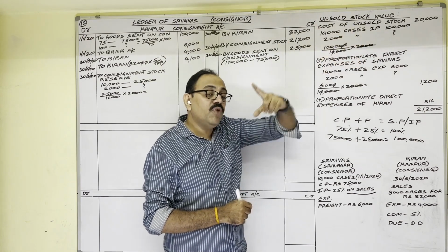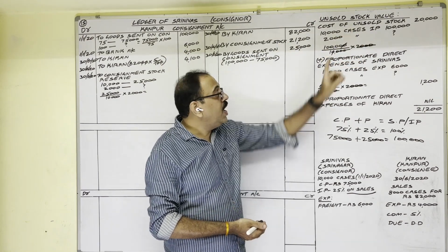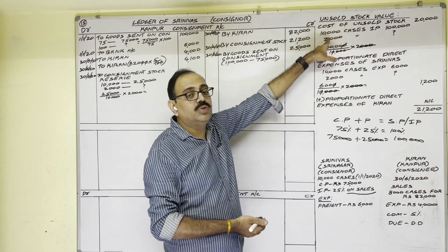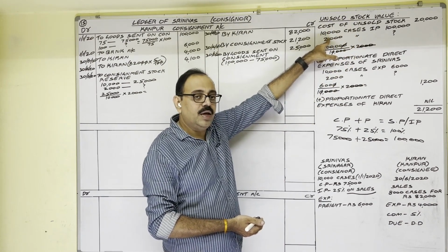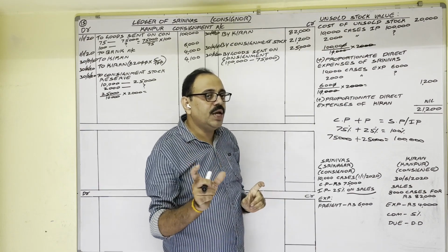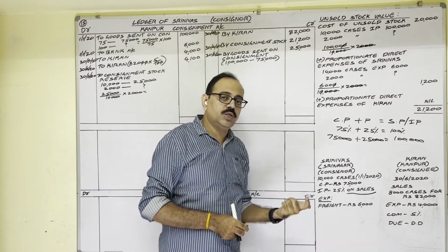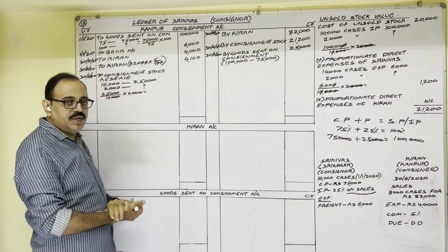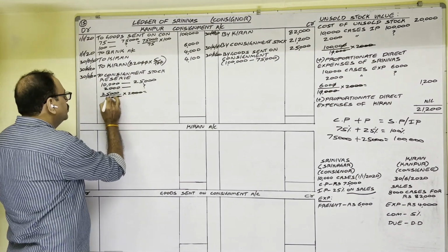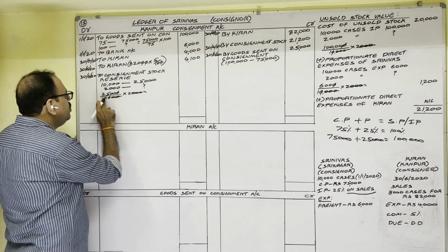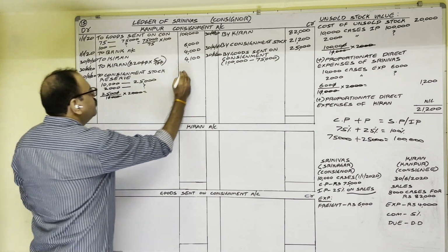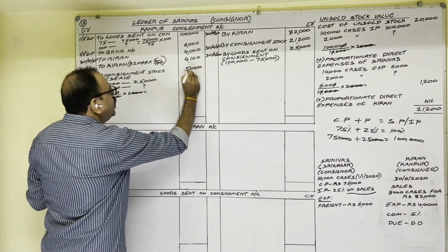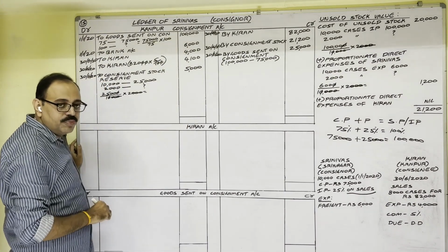So one case invoice price, how does it come? 1 lakh rupees divided by 10,000 cases. In that manner, by calculating one case invoice price and one case cost price, you can do this. Otherwise, this is the direct method. 2,500 into 2, 5,000 rupees. Loading in unsold stock is 5,000 rupees.